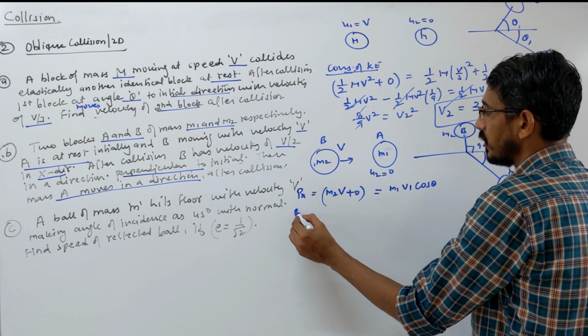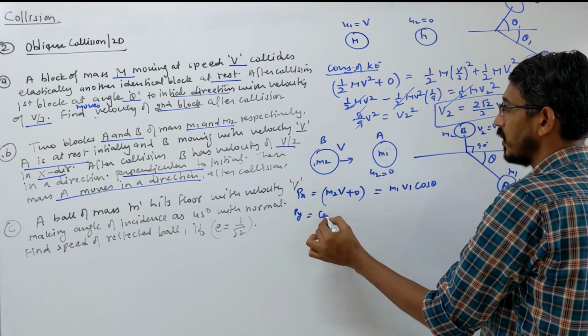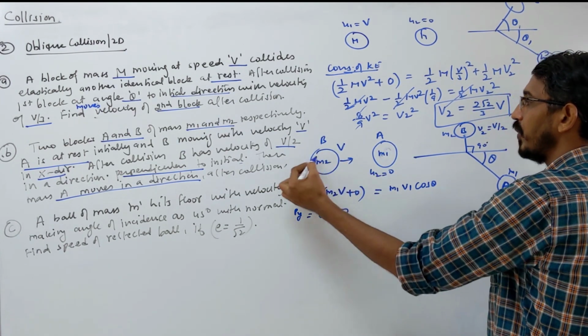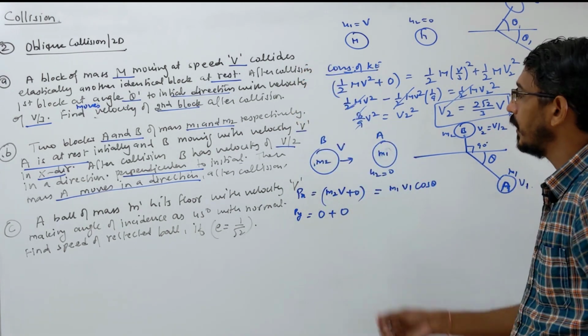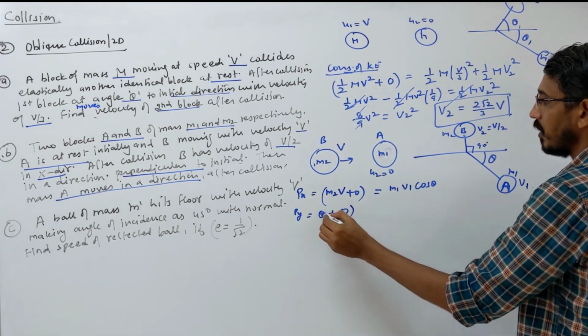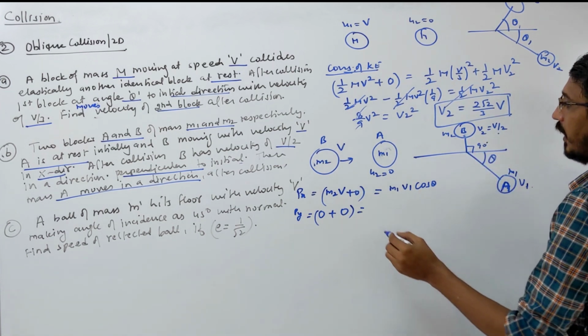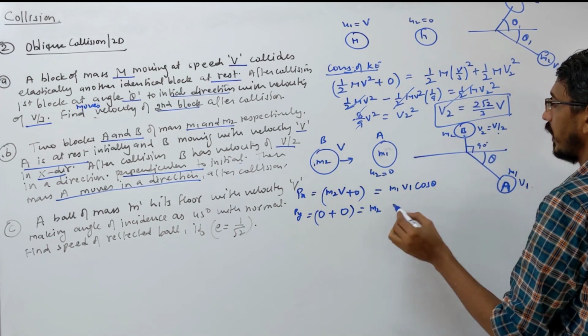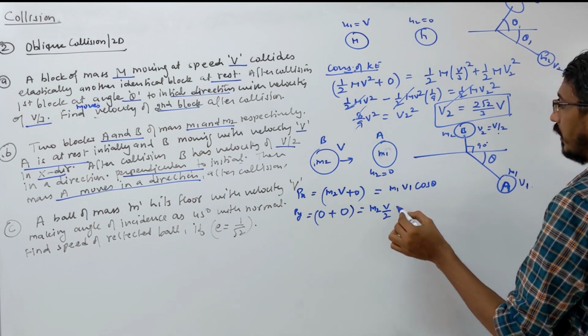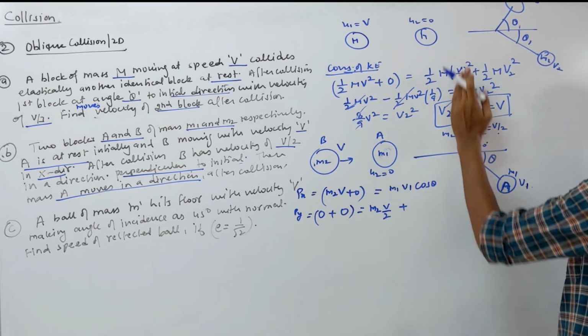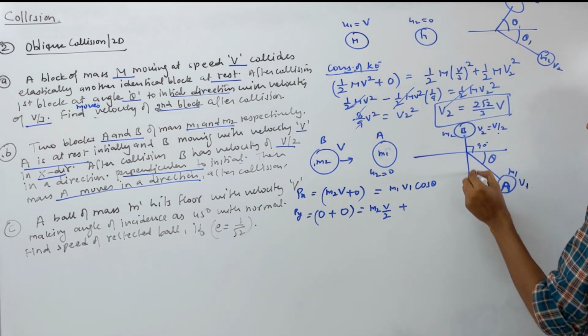Momentum in the y direction initially is 0, that also 0. That's moving horizontally, so the vertical component is 0, and that's at rest, so 0. That's the initial momentum in the y direction. Final momentum in the y direction: one is m2 with the velocity already given, v by 2, and this is the momentum of that ball which is upward, and the momentum of this will be in the downward direction.